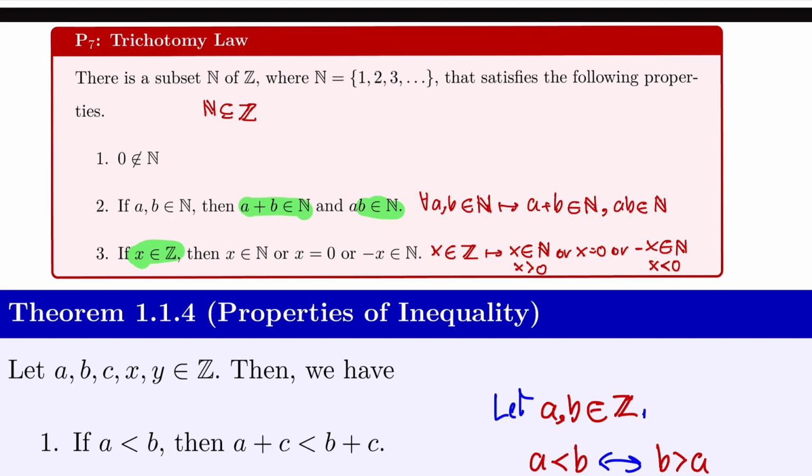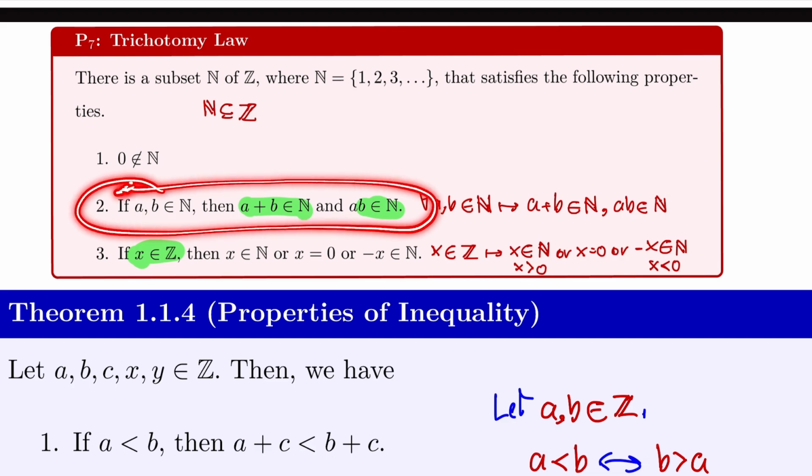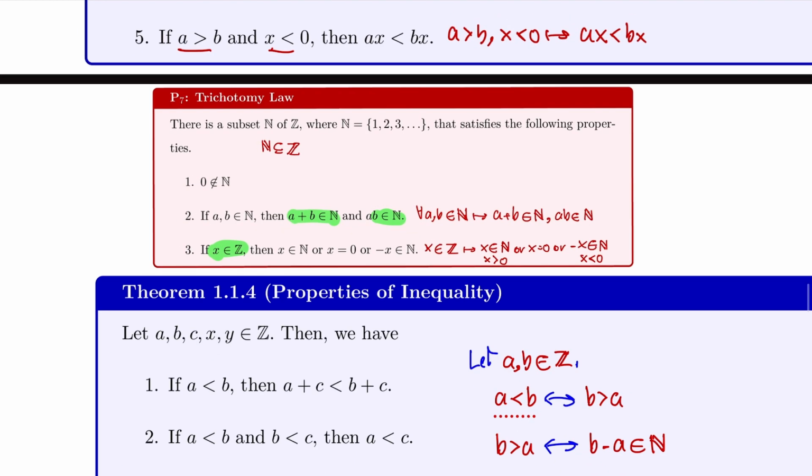For the third one, if you select an integer, that integer can be a positive integer, that integer can be 0, or that integer can be negative. So we will use the second one of the trichotomy law.